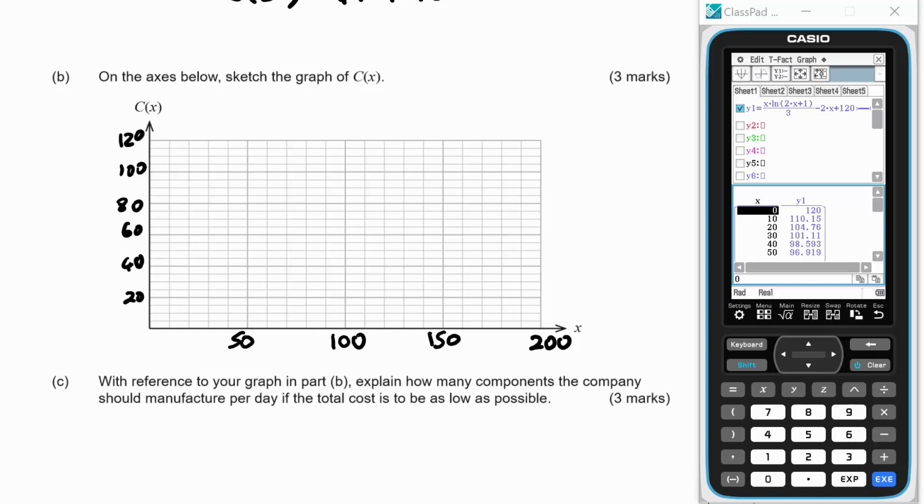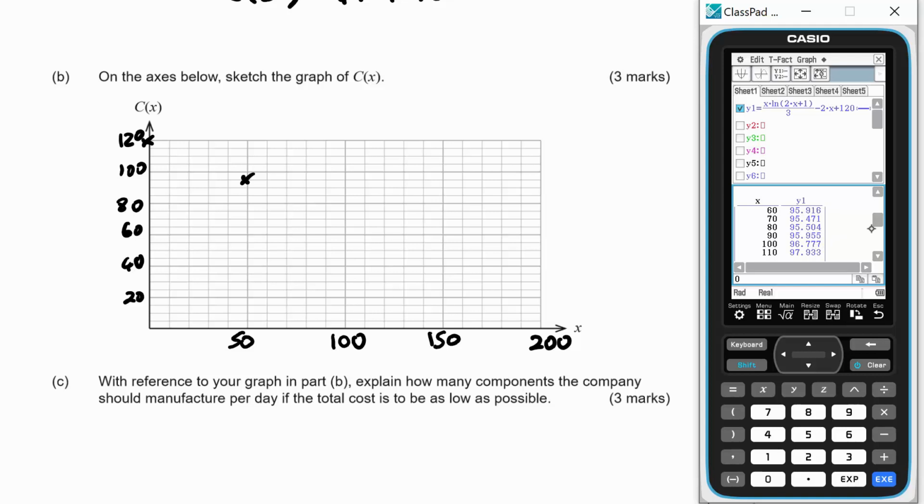So we have got 0, 120. Let's go to 50. What's 50? 96. So 96 will be about here. Oh, I missed the 50. What's the situation at 100? 100 is 96 as well.